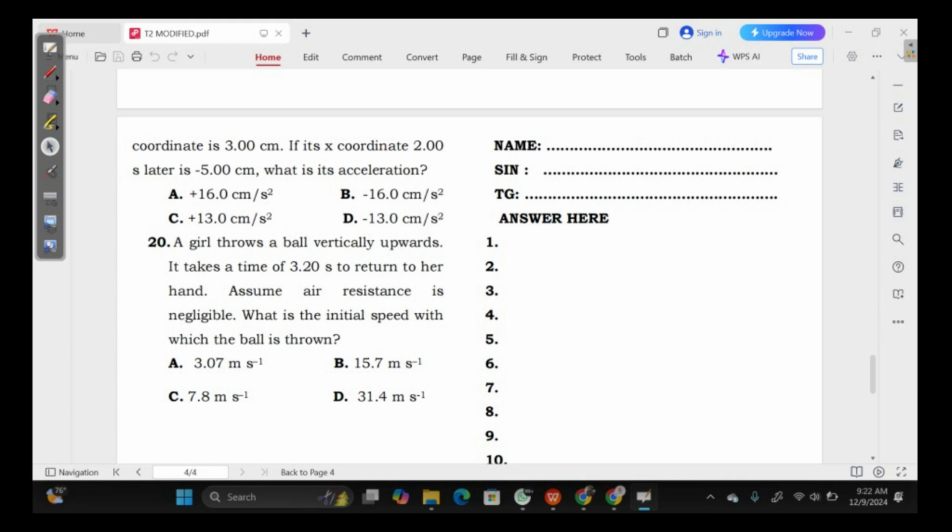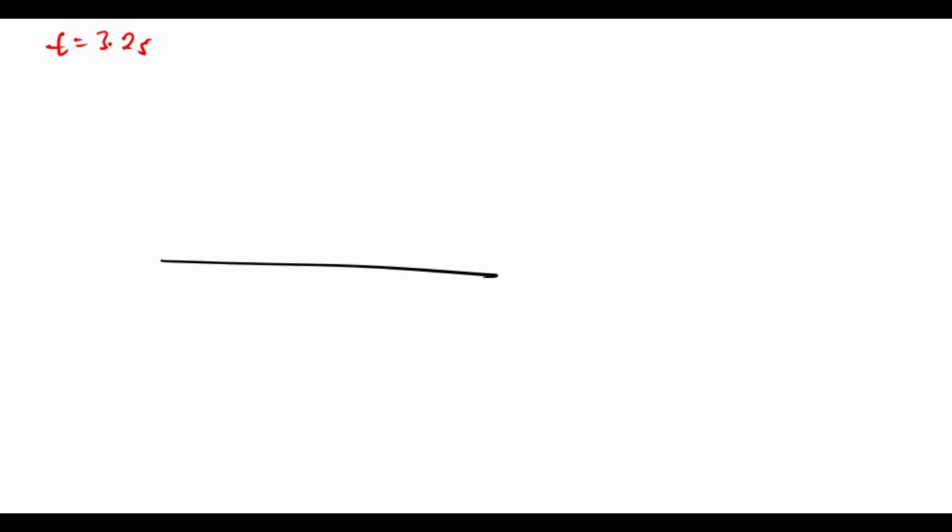Perfect. So what is happening is, time is 3.2 seconds. Now this is the ground. You throw a ball from this position going up until it comes down.